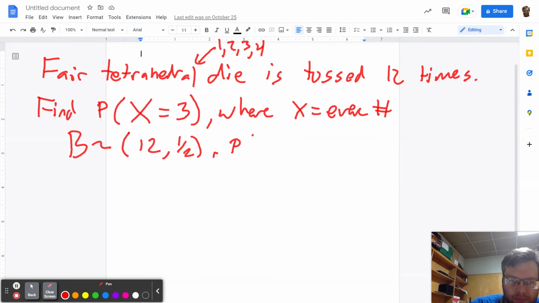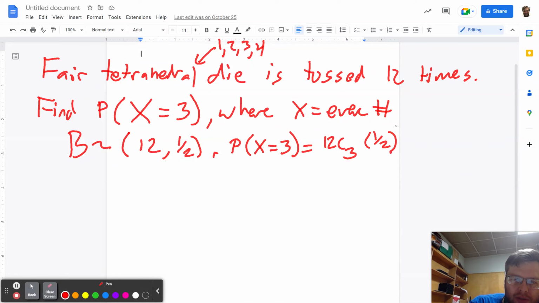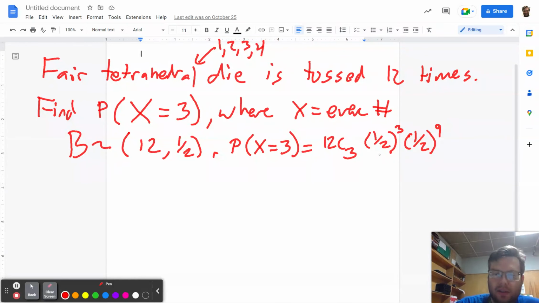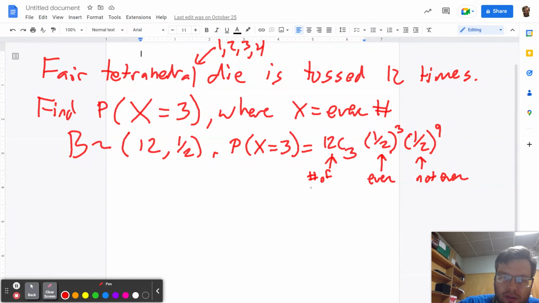So I know that the probability that we'll get 3 even numbers is equal to 12 choose 3 times 1/2 to the 3 times 1/2 to the 9. Because these are my 3 evens, these are my 9 not evens, and this represents the number of combinations that make that.